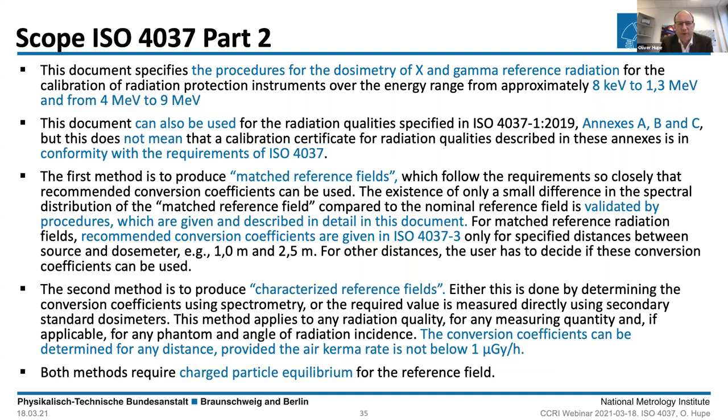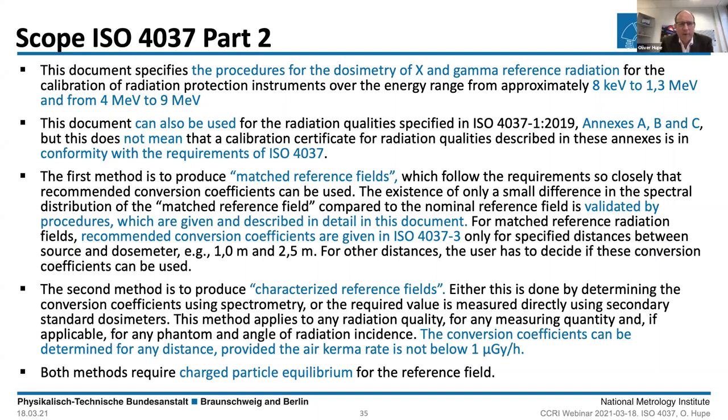For other distances, the user has to decide if these conversion coefficients can be used. So we define them at special distances, but for sure they can be used at any other distance as well, but then you have to think about what you are doing.